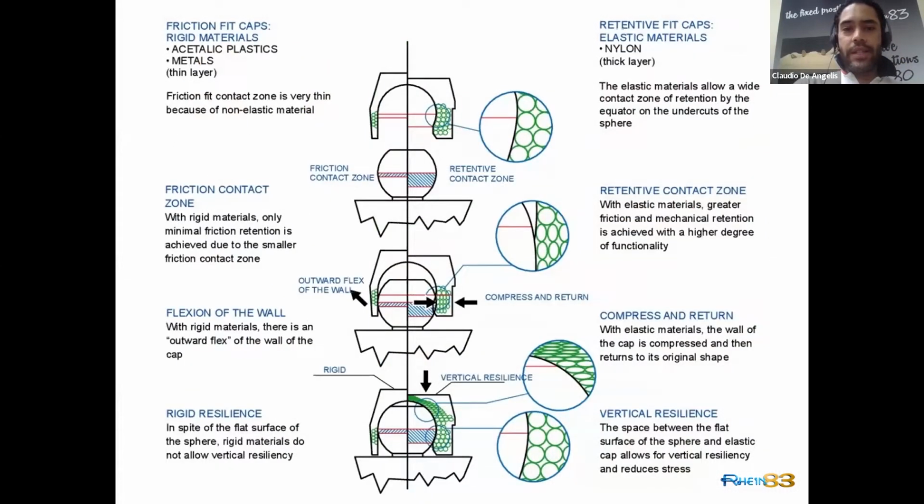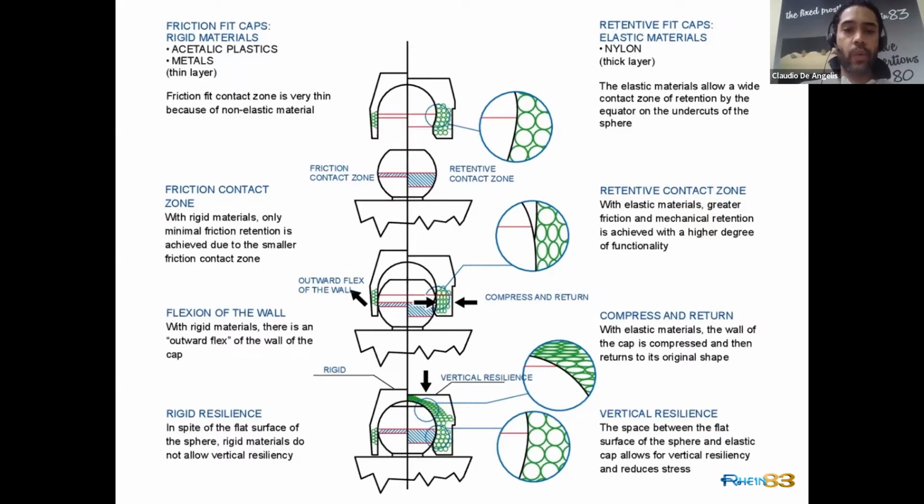Basically, this slide shows you, I dare say, 80% of the knowledge of Retentive 3. No, I'm joking. Basically, it is the grounding idea of our society. As I said before, we have a sphere which is somehow cemented or screwed in an implant or in a bar in the mouth.